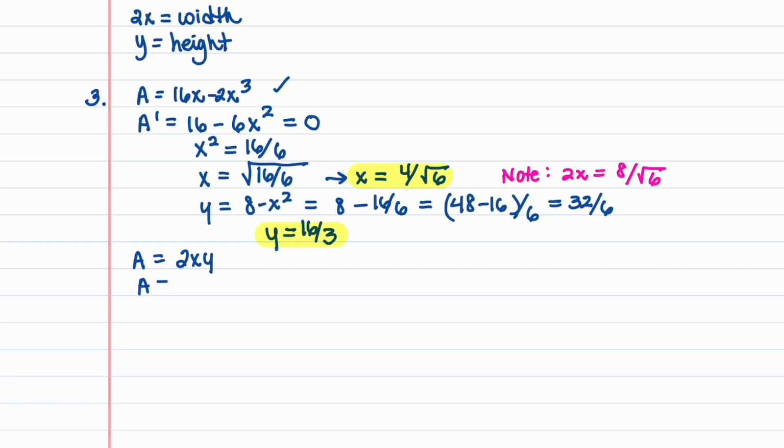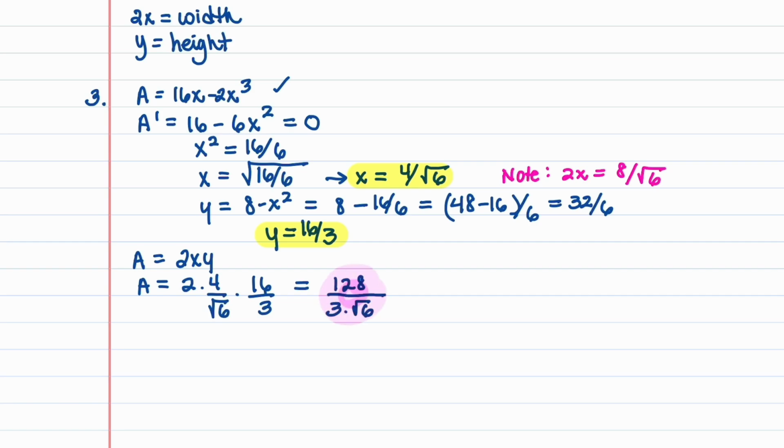So our area is 2 times x, which is 4 divided by root 6, and then y is 16 divided by 3. This is equal to 128, all divided by 3 times root 6. And let's go ahead and highlight that answer.